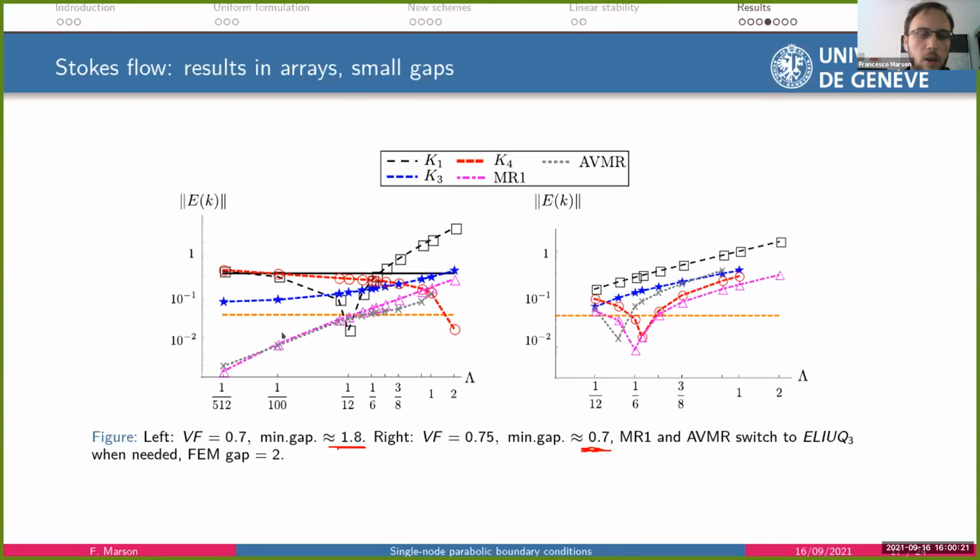And again, also here we can be competitive with the FEM solver. Here we are using a hybrid simulation where we use the multi-reflection where possible, but when the gaps are too narrow, we switch to the ELI boundary scheme.